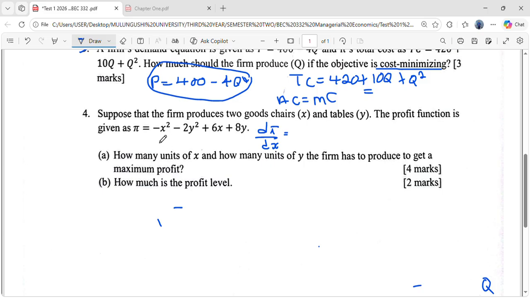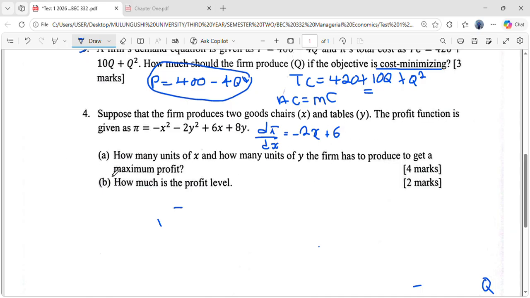Since you are differentiating with respect to x, you hold y constant, so it will be negative 2x here. Since you are holding y constant and there is no x, this is 0. Then the next term gives you 6. Here there is no x, meaning this whole expression is 0.